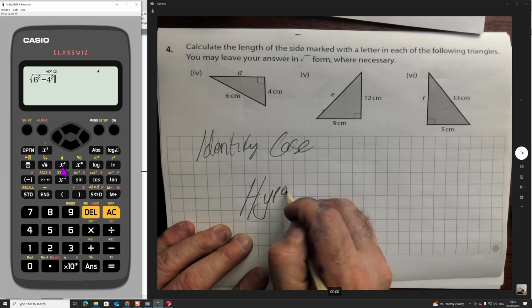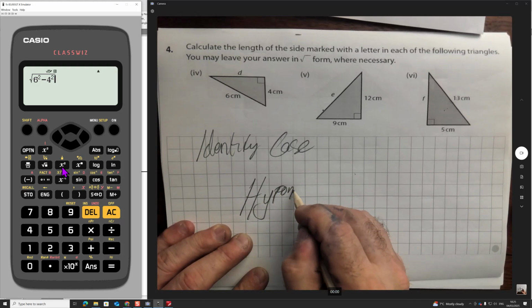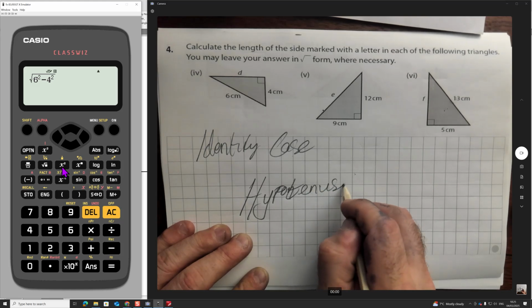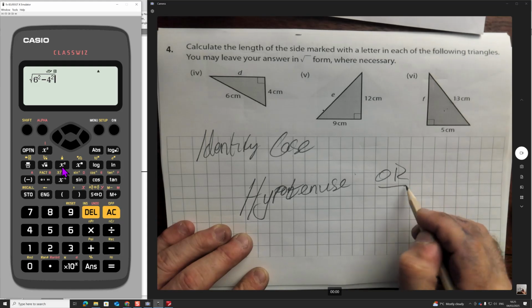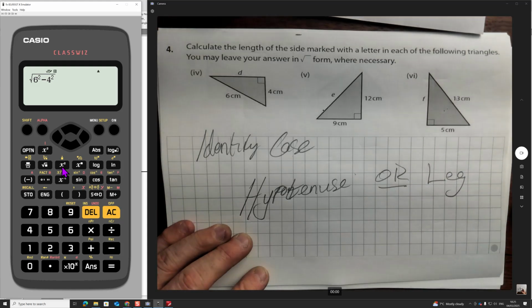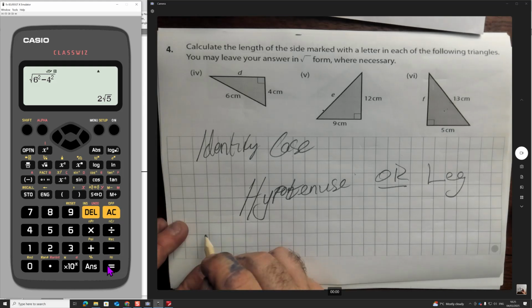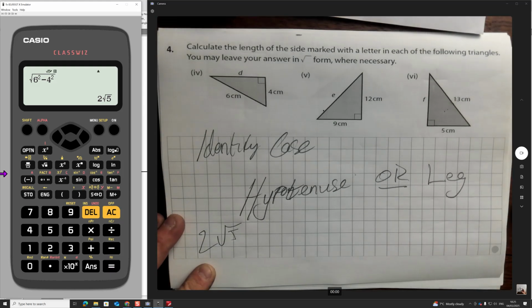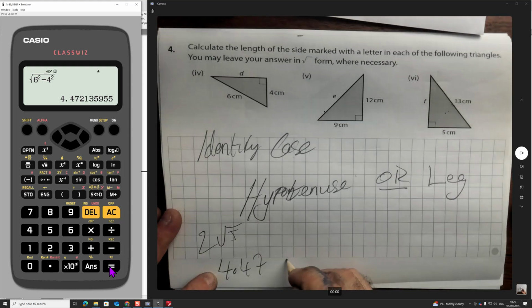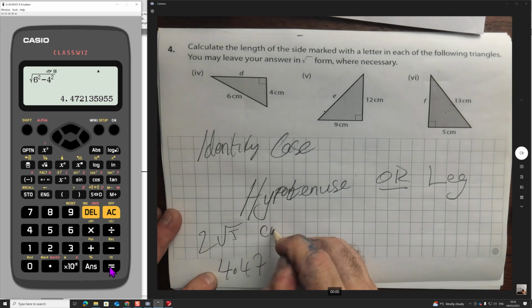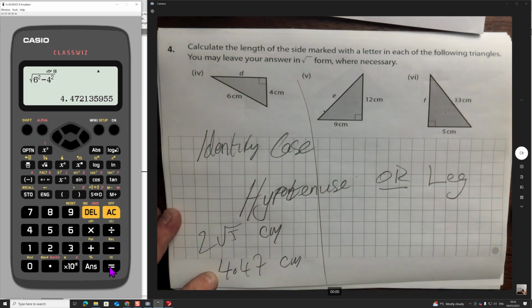It's either hypotenuse or it's a leg. One or the other. Okay, on we go here. We'll do an equals 2 root 5 and a shift equals 4.47. We'll come back to our units.